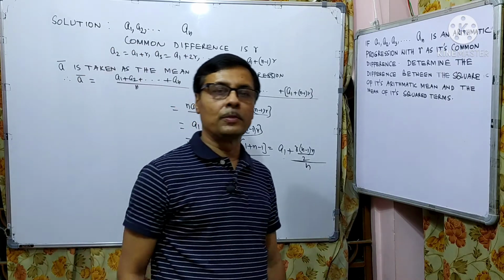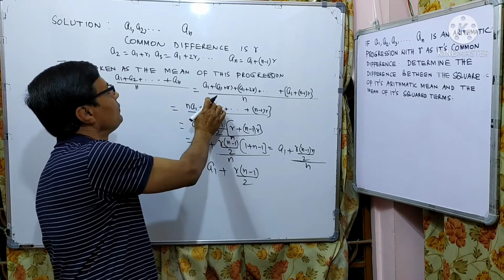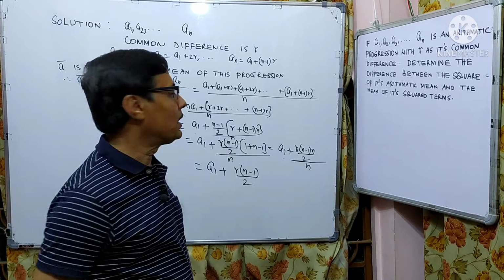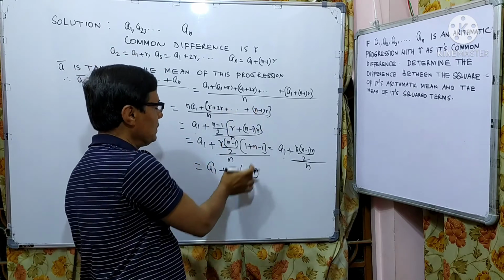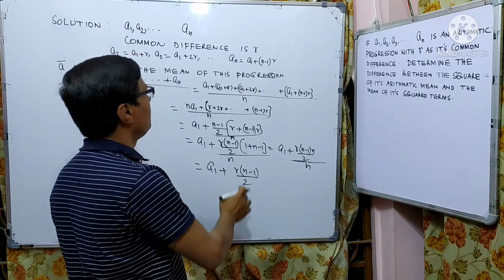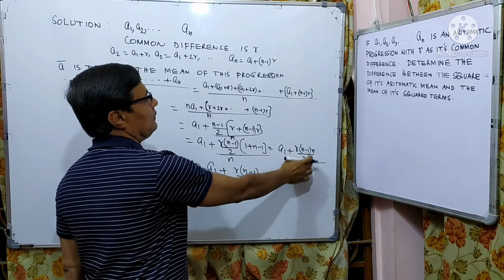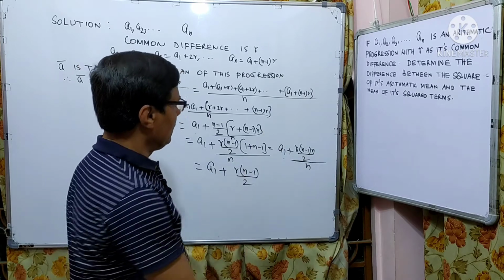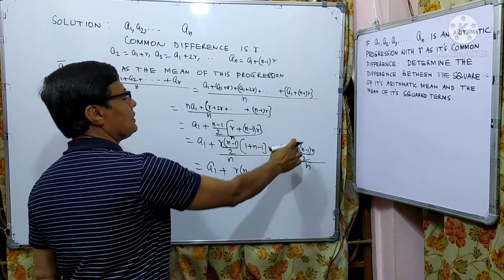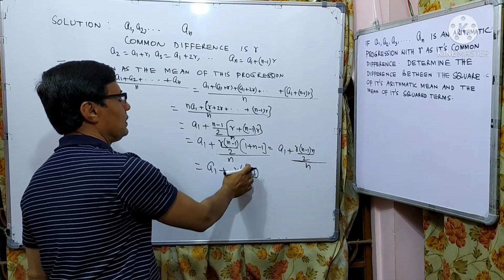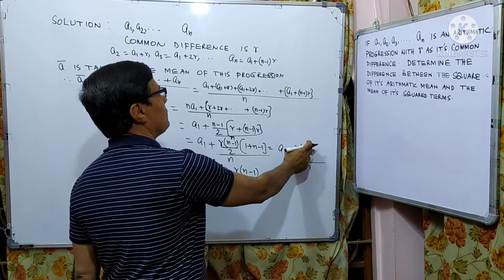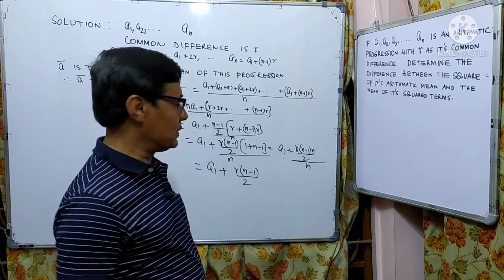This is the sum of the arithmetic progression r, 2r, ... n minus 1 r. The summation is r into n minus 1 over 2 into n, and we divide this summation by n, so we get r into n minus 1 over 2.